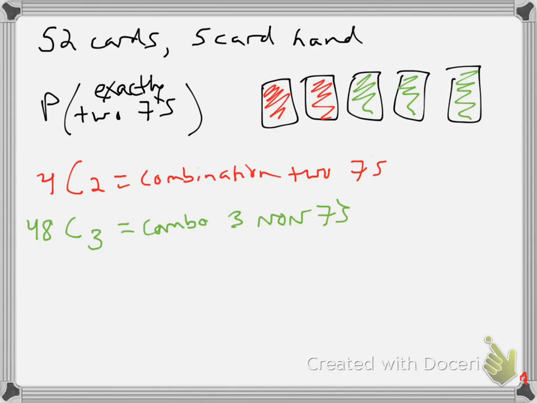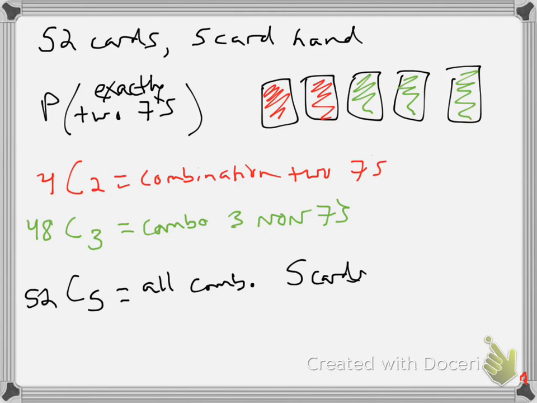And so those two combinations tell me how those 5 cards can be made up in the deck. But the thing that I need to realize about all of this is there's a bunch of combinations, right? If I have a deck of 52 cards and I have to draw out 5 of them, that'll tell me all the different combos of 5 cards. And so now I need to bring this all together.